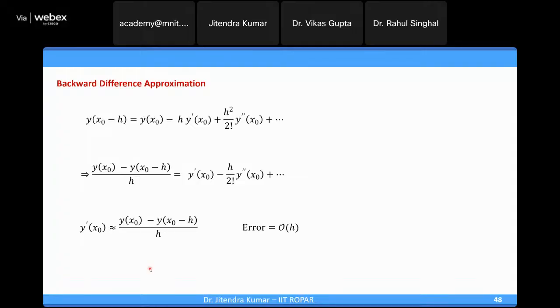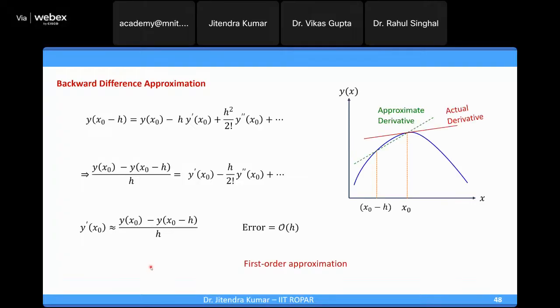So both are important, but this is also first order approximation, and you can see a similar explanation here: x0 minus h, and this line joining these points is approximating that actual derivative. Again, in the picture you see that they are far from each other, which is fine because you have first order accuracy, and my h is pretty far from here.